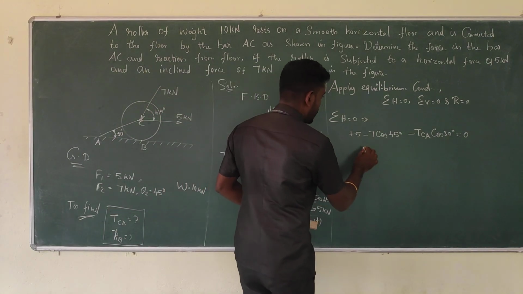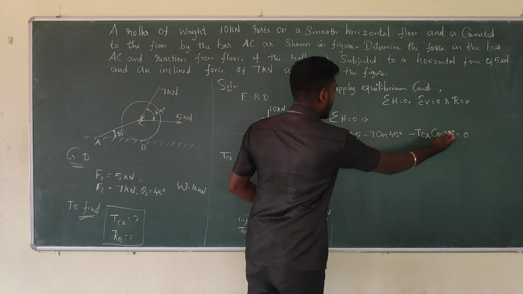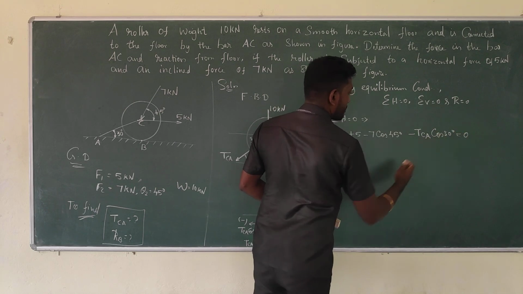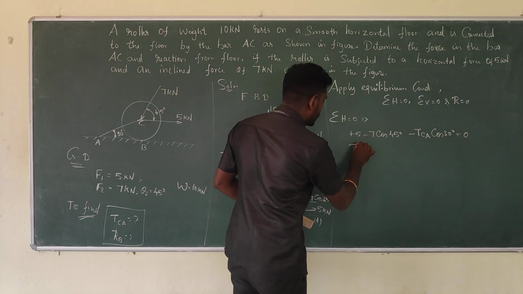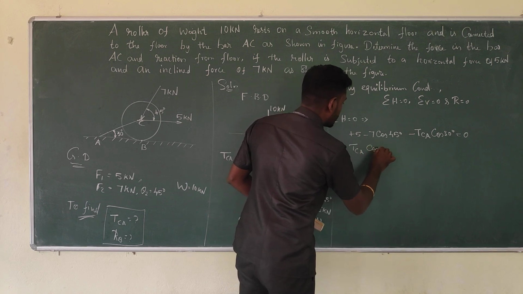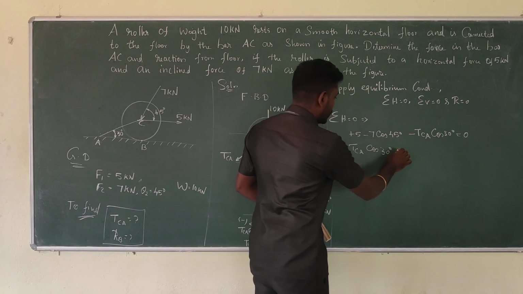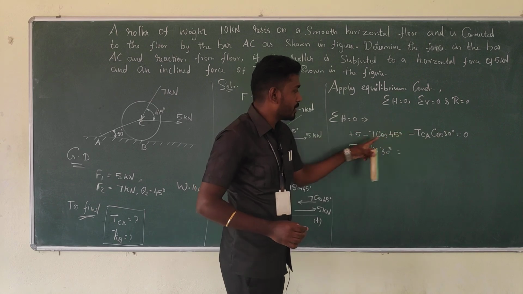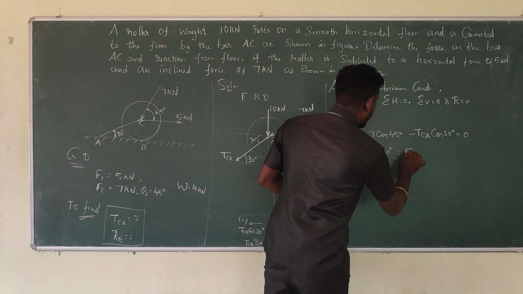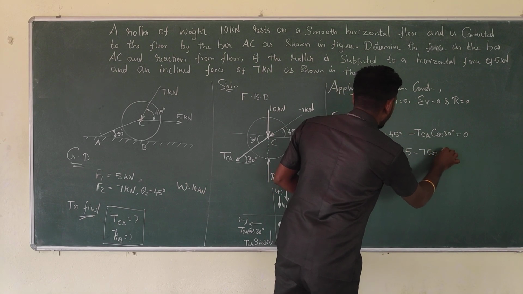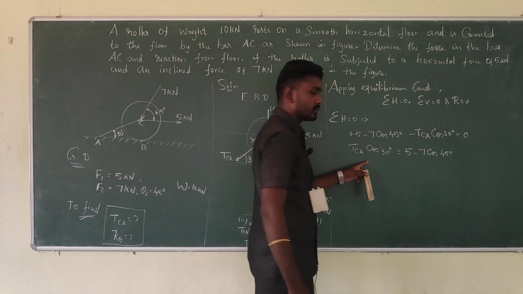I'm going to bring this TCA cos 30 to the other side, so it becomes TCA cos 30 degree, the minus becomes positive, equals 5 minus 7 cos 45 degree.